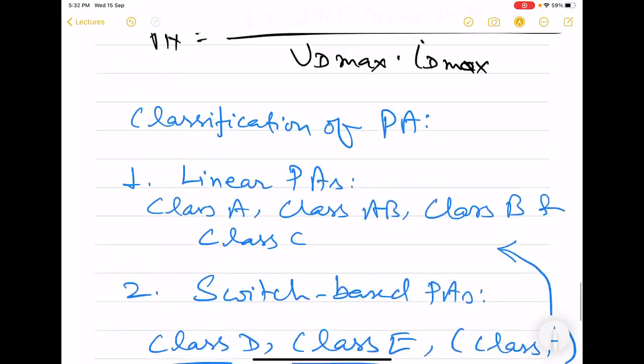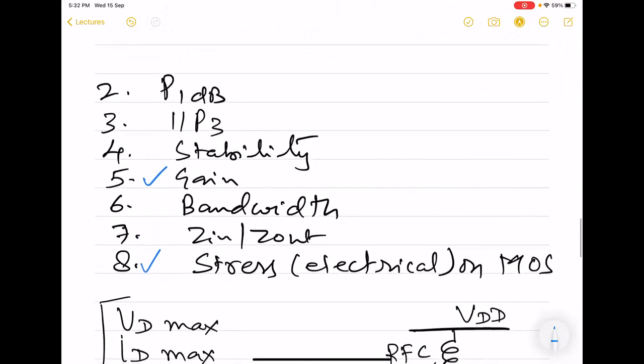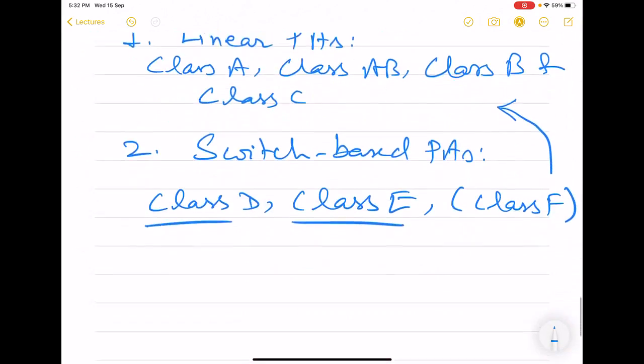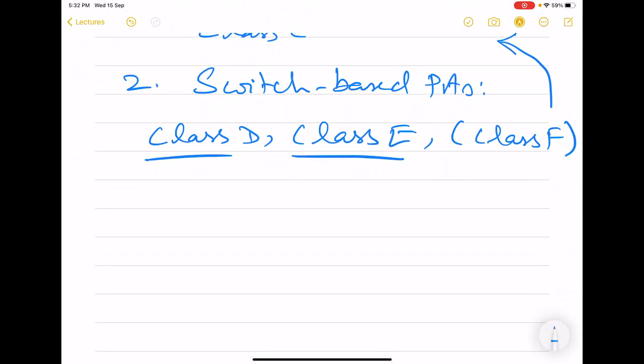The answer is that although 2 power amplifiers might have the same drain efficiency, they might have different gain, and they might have different stress on the device that is being used. And the ease of designing is also another factor.